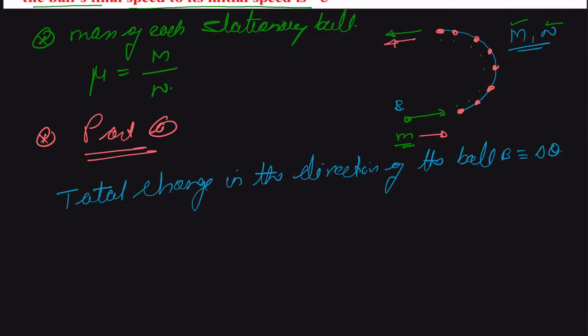Therefore we can say that our delta theta is equal to pi, because it is going towards the right side and returning back to the left side.